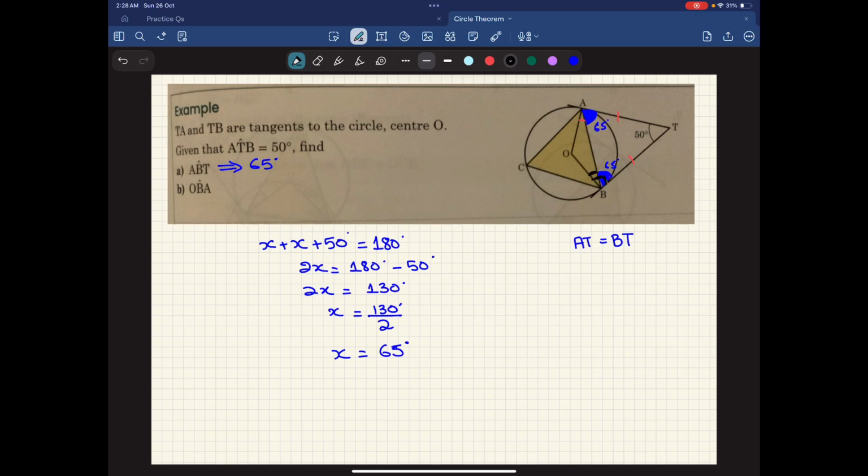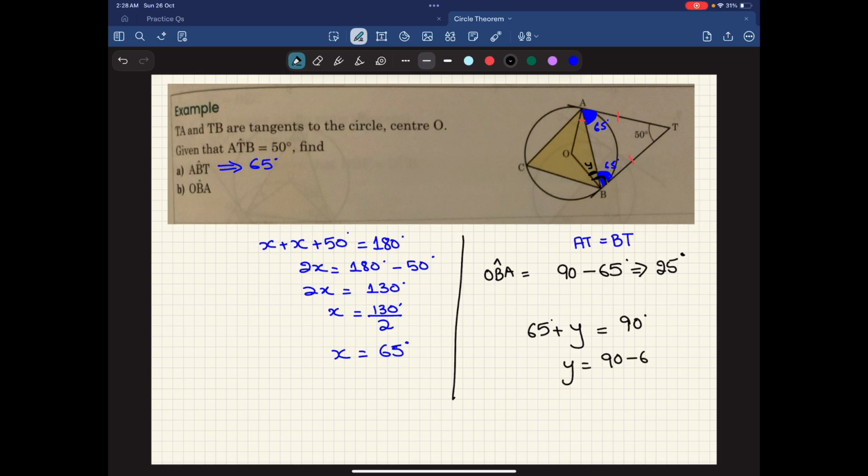So angle OBA is going to be 90 minus 65, which gives you 25 degrees. Another way to formulate your equation is that let's assume this is y. So 65 plus y should be equal to 90 degrees. So y is going to be 90 minus 65 degrees, which gives you y as 25 degrees.